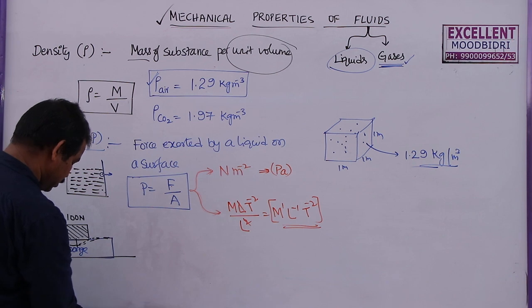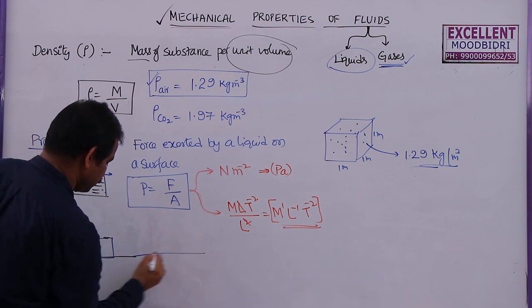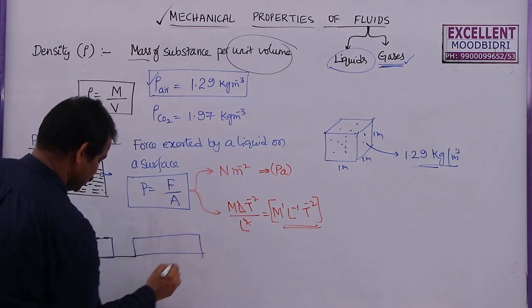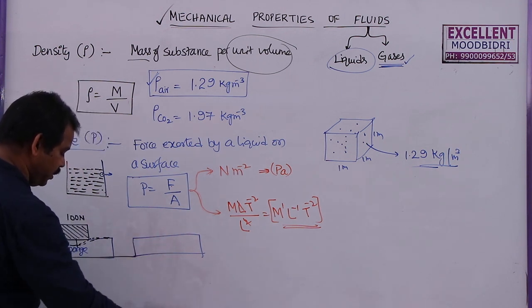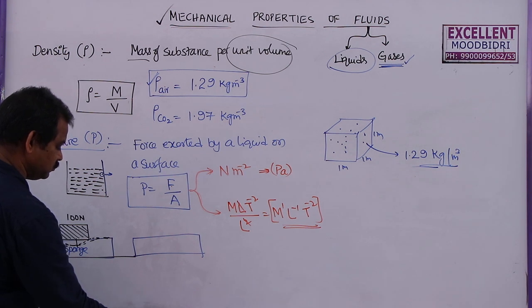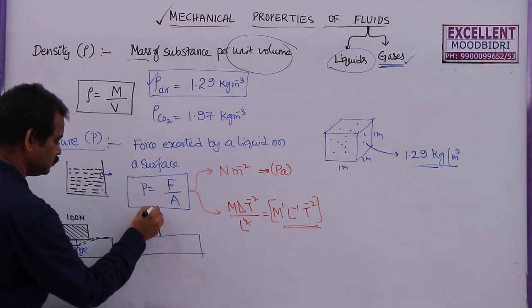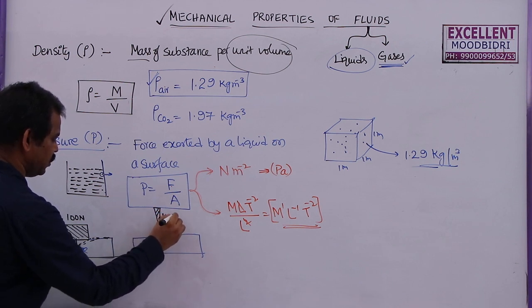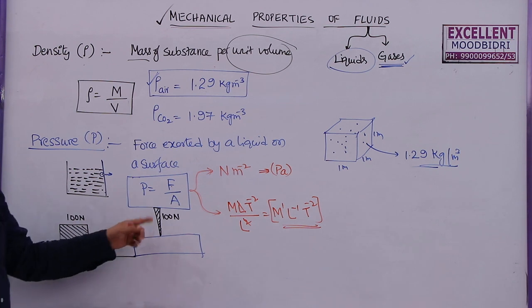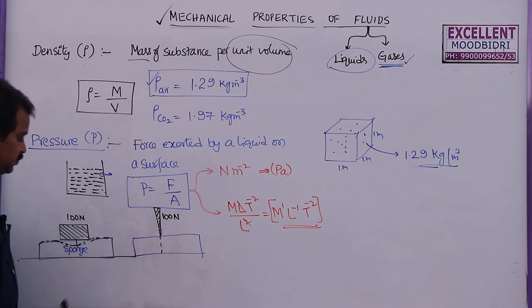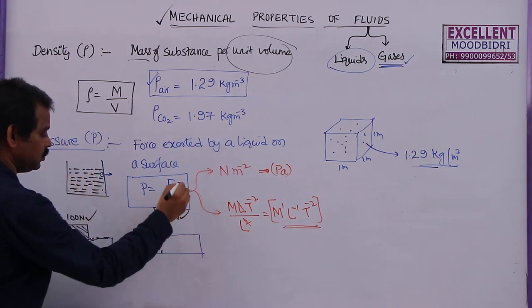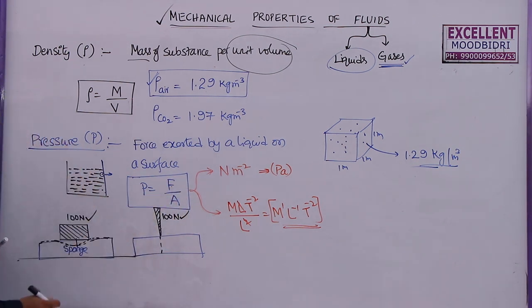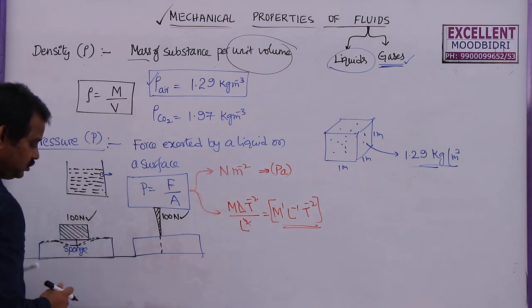Now if you take the same sponge on the same surface, and if you keep a knife here, a very sharp knife, which is having 100 newtons force, this sharp knife can cut this sponge. So here also the force acting on this sponge is 100 newtons only, 100 newtons each in this case.